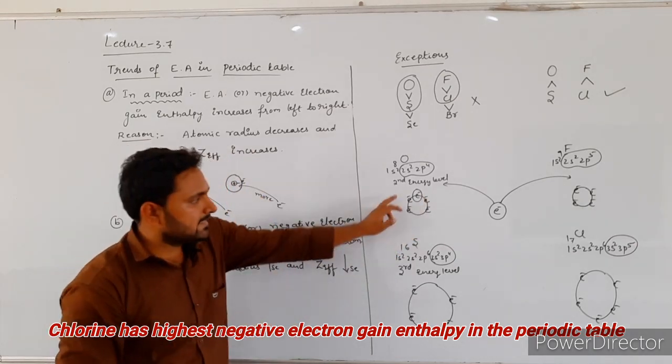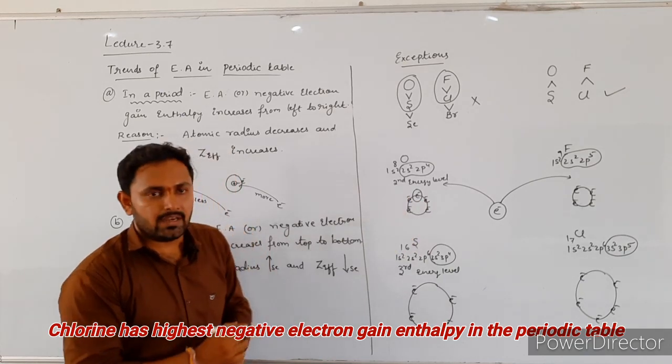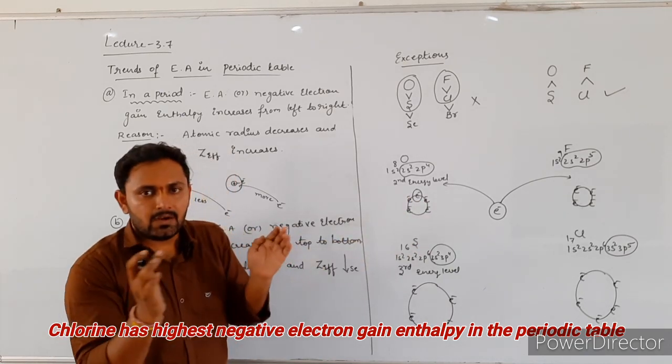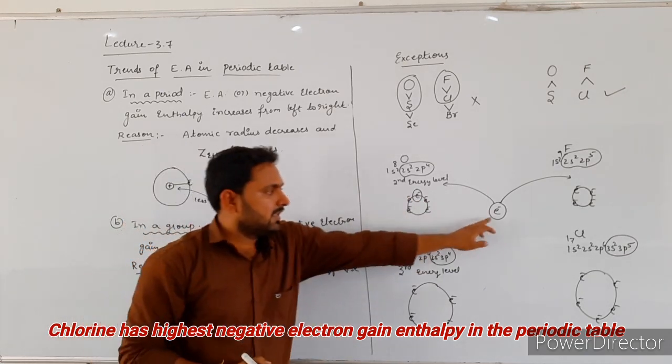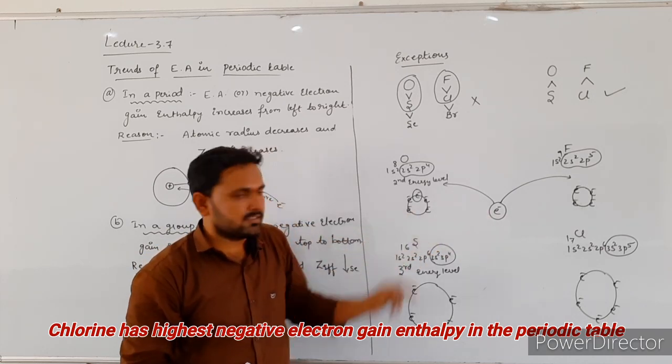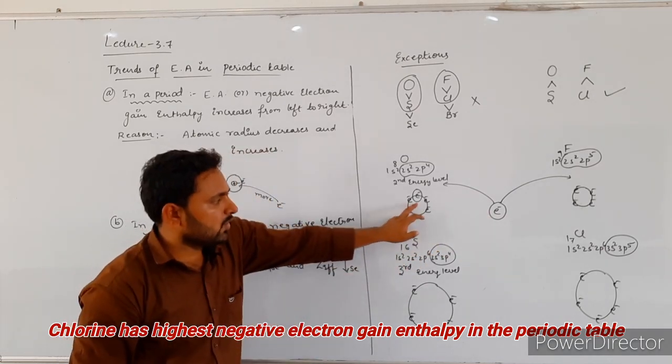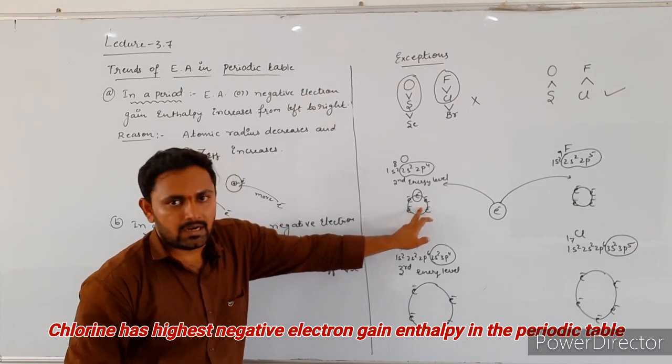Why? Because in the second energy level, due to small area, all electrons are very close to each other. When the extra electron is added, there is more repulsion between electron and electrons.